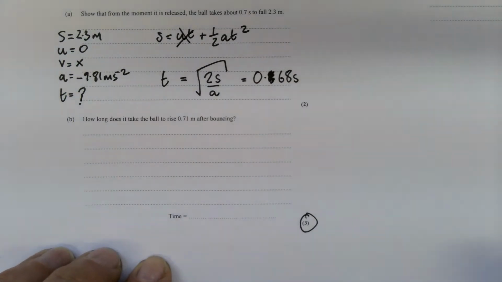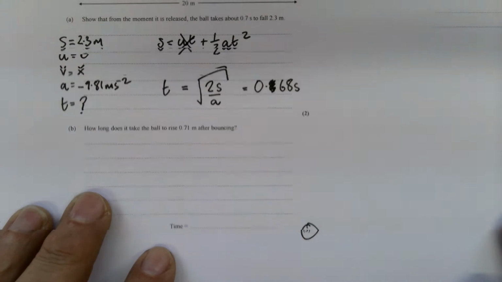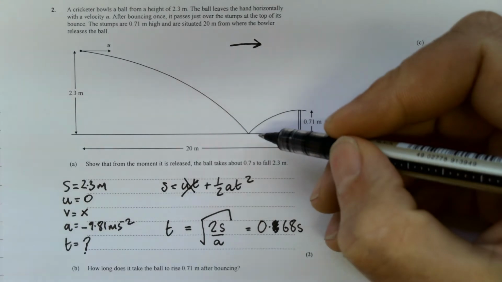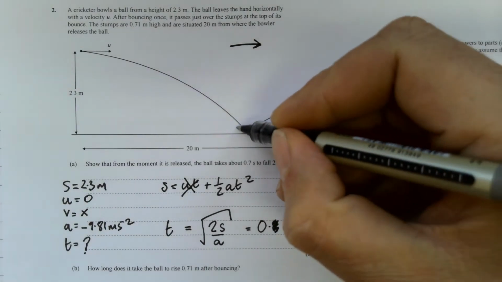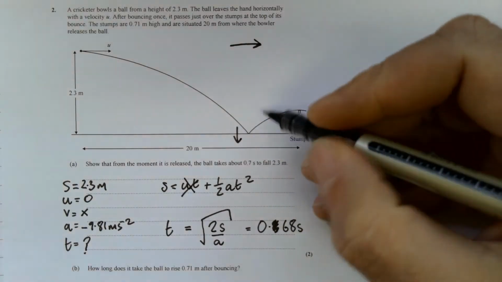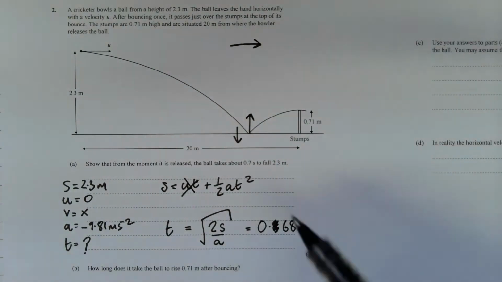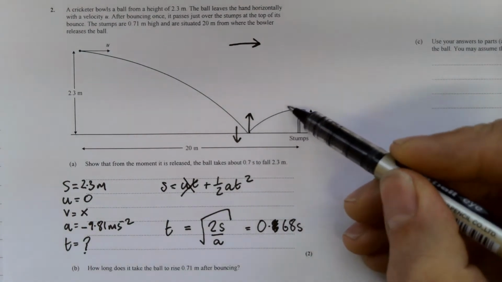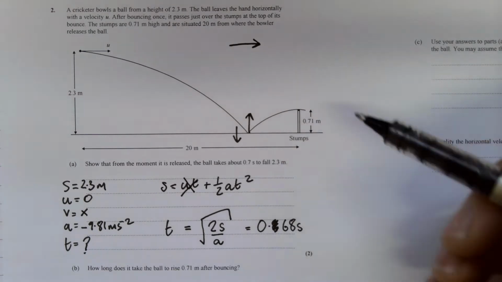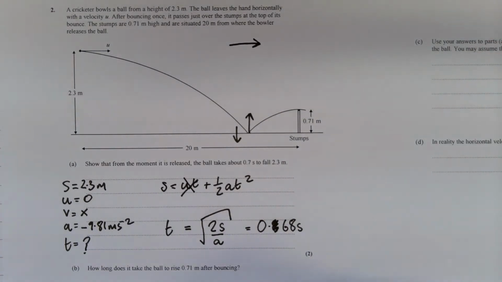The reason why is something that catches people out sometimes: after the bounce, the ball has been going down quite quickly, and then it bounces and sets off vertically with a large velocity that's going to get less and less until, at the top of the bounce, the vertical component of the velocity is going to be 0.